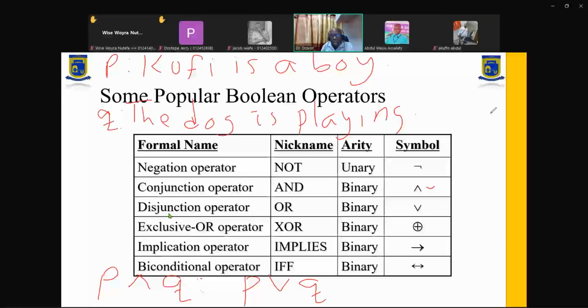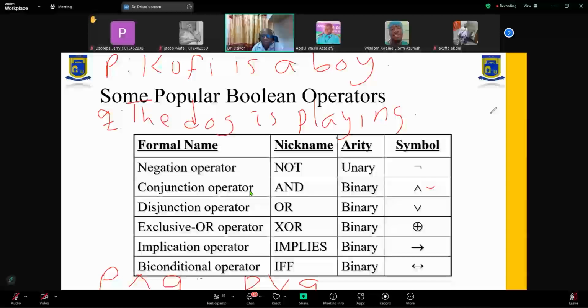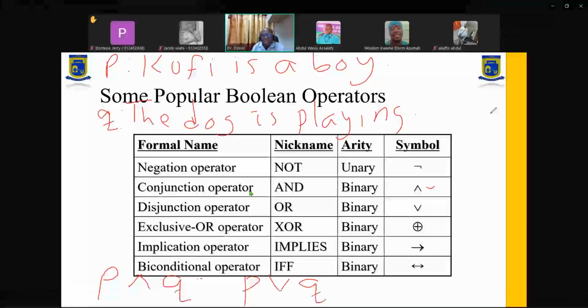Then we have the biconditional operator, which is "if and only if". If and only if is just like implication, but with stronger conditions. For example, I'm sure you heard some years ago when this famous statement became a political issue: if the fundamentals are weak, the exchange rate will give you up.